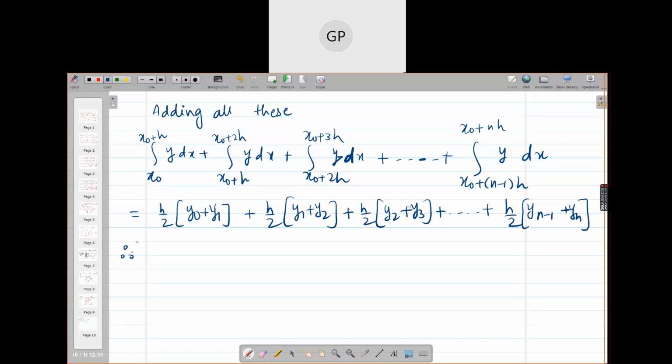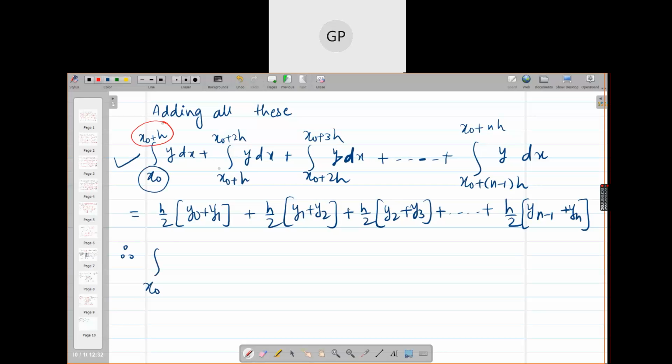Therefore, can you tell me on the LHS what should I write now? How will you combine all these integrations on the LHS? It will be integration from x naught to... this is continuous.